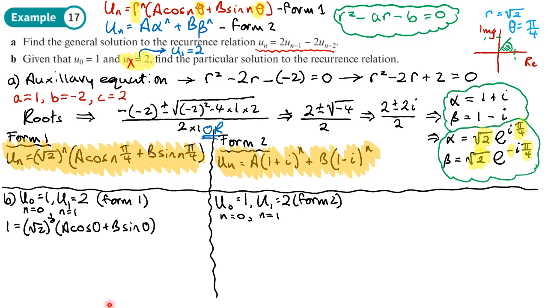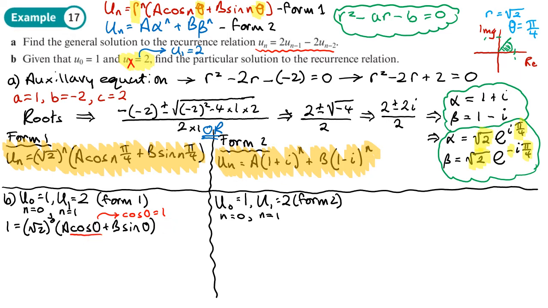Now be careful, watch out that cos 0 isn't 0. Sine 0 is, so don't think, oh right, there's a 0, this is all 0. Cos 0 is 1. So if we simplify all of this, this is going to be 1, this is going to be 1, this is going to be 0. So all we're going to be left with is that a equals 1.